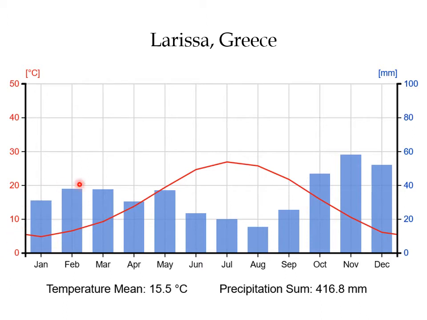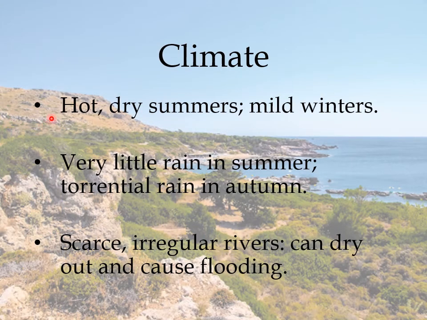And it's dry. So if we see a hot and dry climate which has differences between summer and winter, we are probably in front of a Mediterranean climate. So hot and dry summers and mild winters.